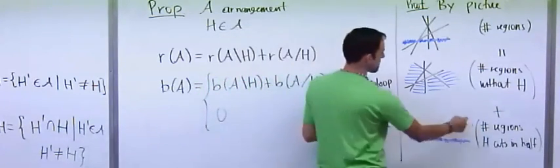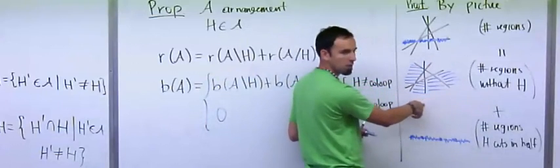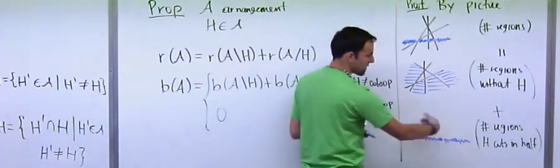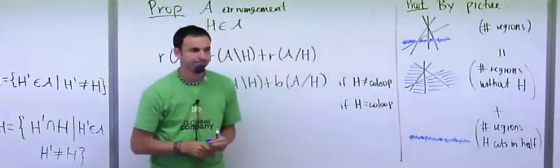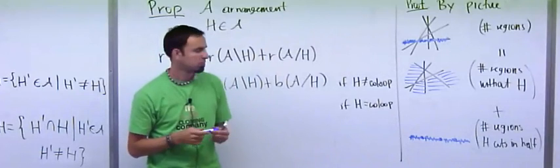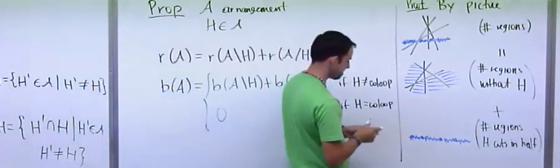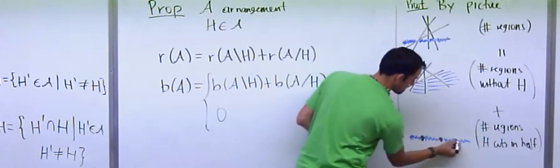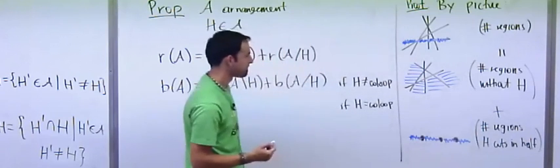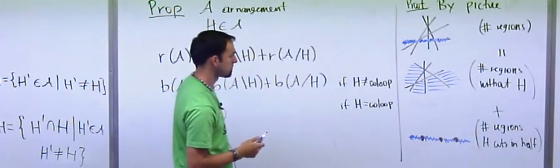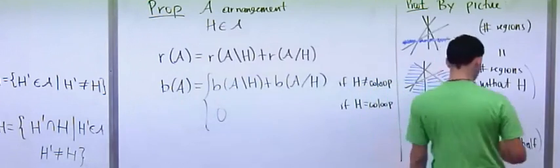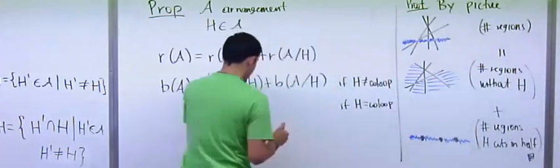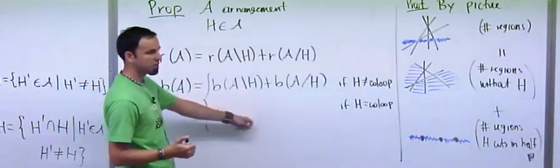So the number of regions of this arrangement that the blue plane cuts in half is equal to the number of regions in the contraction. Okay. And that's basically the proof. That's basically the proof, and if you want to do this, it's the same thing.